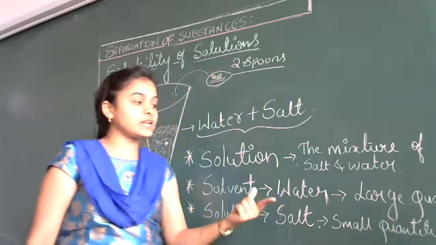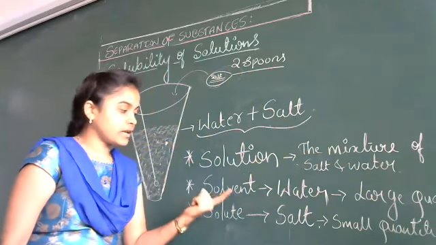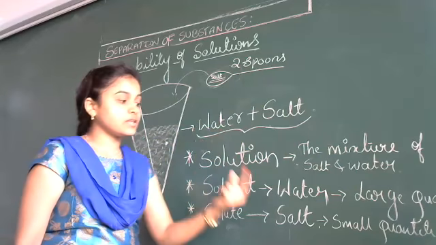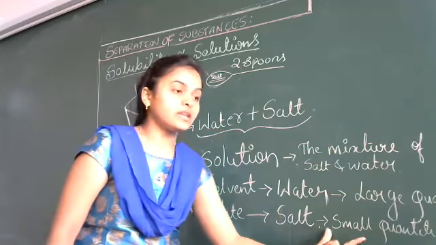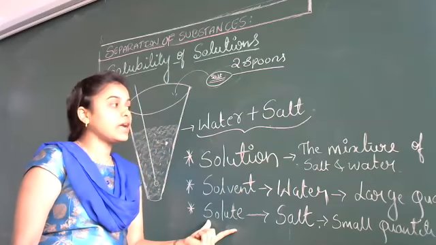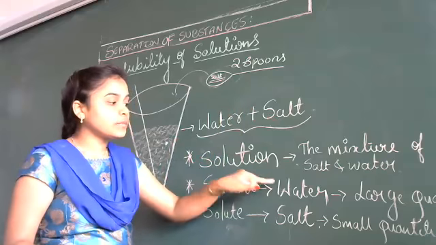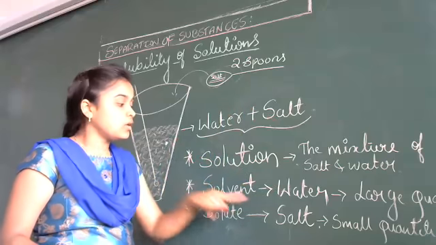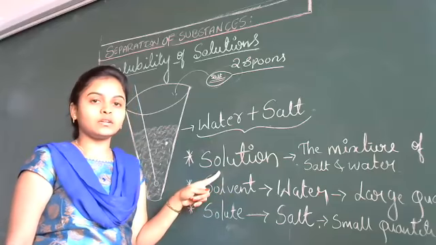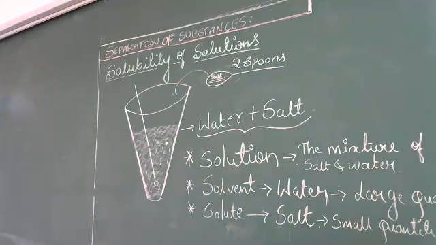So the substance we take in a larger quantity, we call a solvent, for example water. The substance we take in a smaller quantity, we call a solute, and here that is salt. And the mixture of water and salt, or the solvent and solute, is called solution. Understood? Okay.